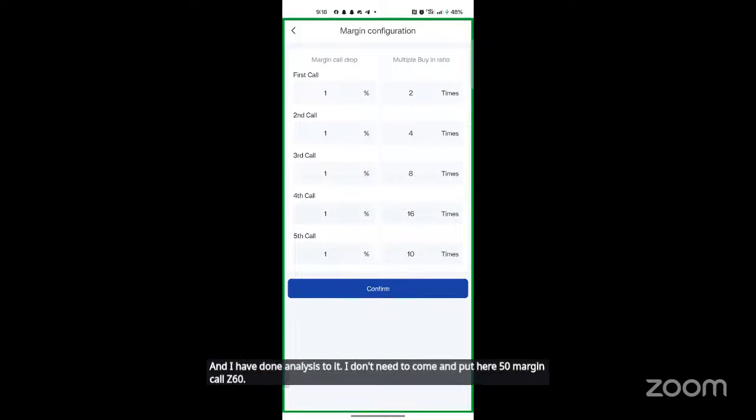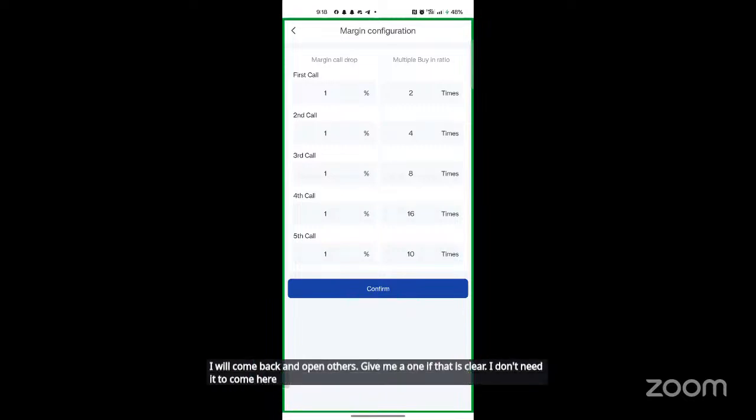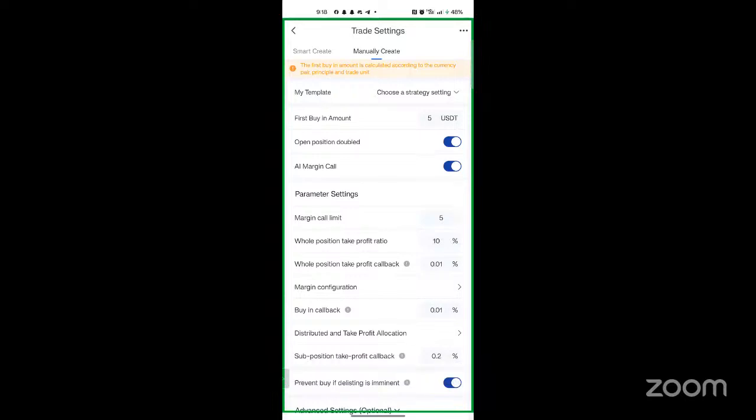If at all this coin buys 5 margin calls, I will come back and open others. I don't need it to come here and set 50. If I have fear and I don't want my money in the market, I switch on AI. Me, I don't need to open 60 margin calls, 90, 100.